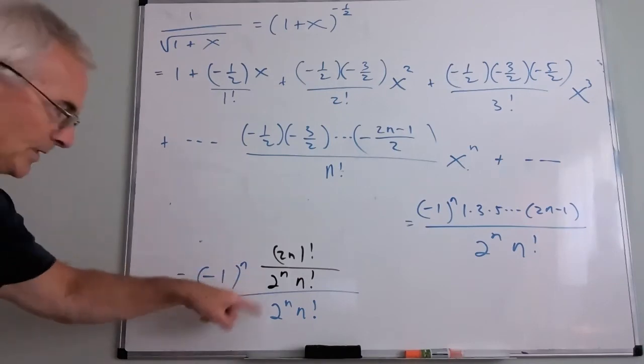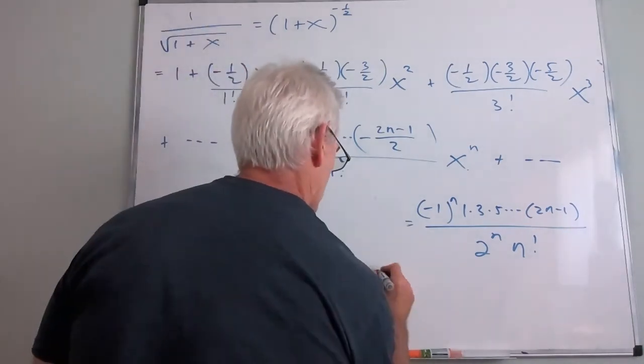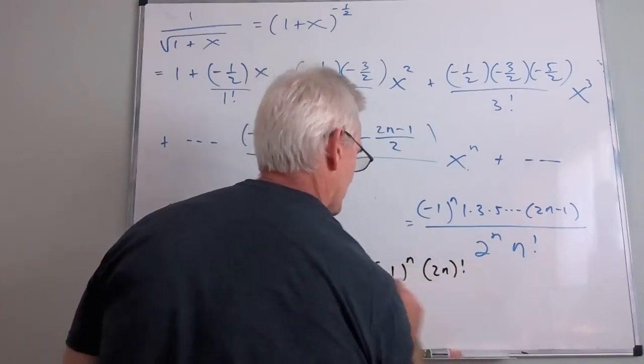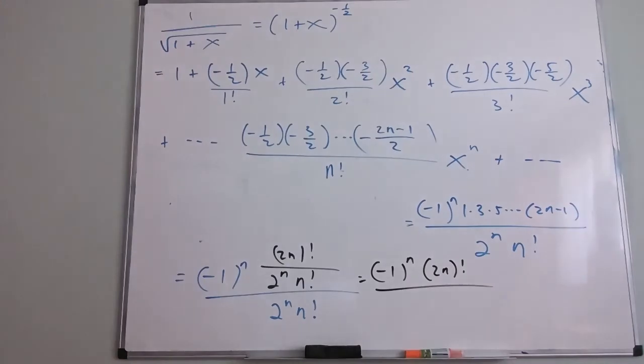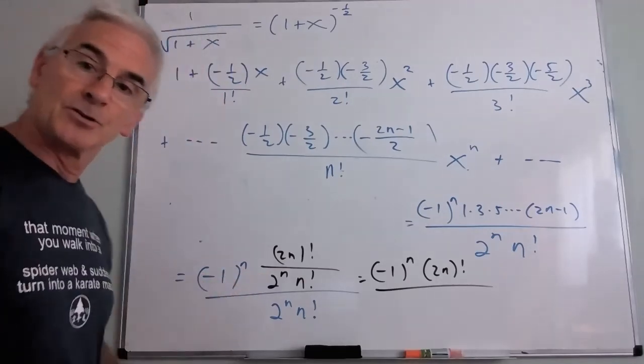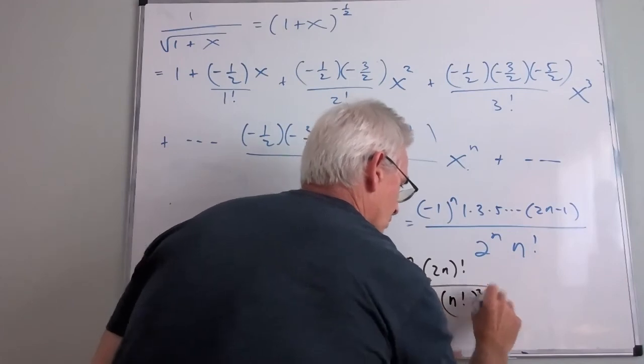These don't cancel, they combine. So negative 1 to the n, 2n factorial. That's my numerator. What's my denominator? Well, it's going to be 2 to the n factorial times 2 to the n factorial. So the n factorial is going to be squared.